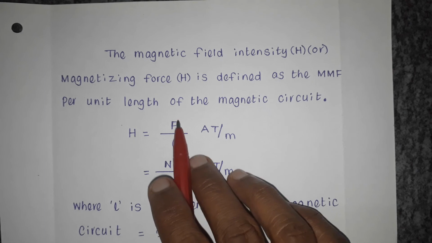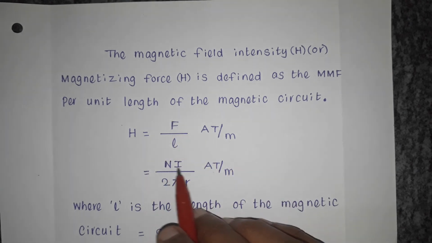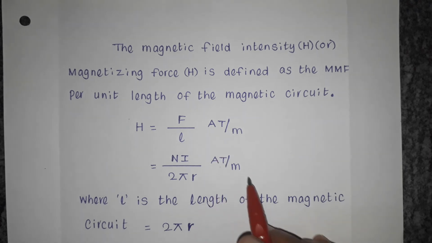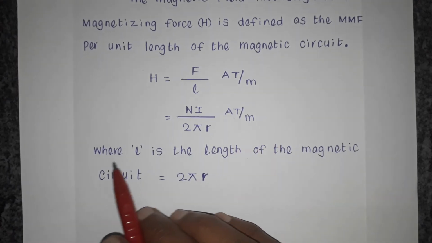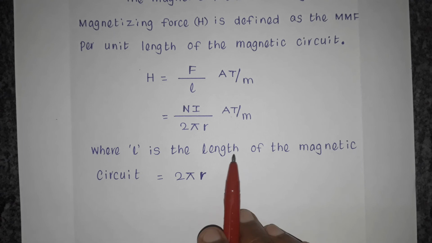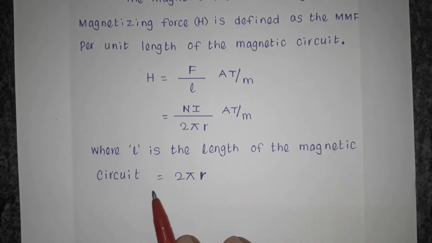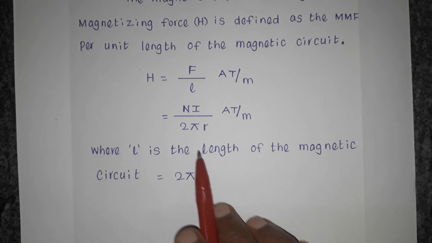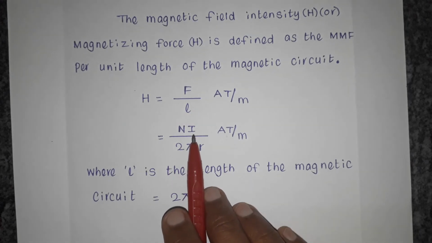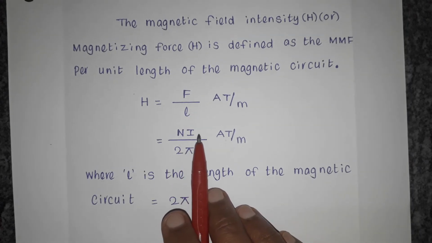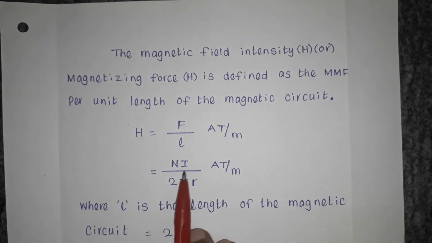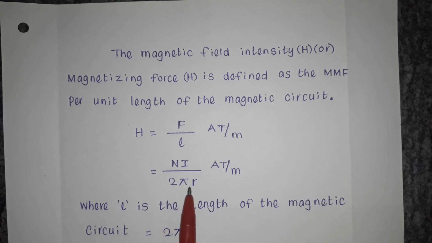F, the magnetomotive force, is given by number of turns into current, so H is Ni by 2 pi r ampere turn per meter. Here L is the length of the magnetic circuit, that is the circumference, which is given by 2 pi r. So this is one expression for the magnetizing force or the magnetic field intensity. Magnetic field intensity is equal to F by L or Ni by 2 pi r.